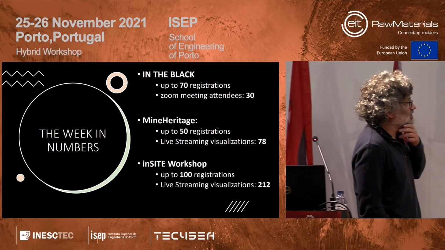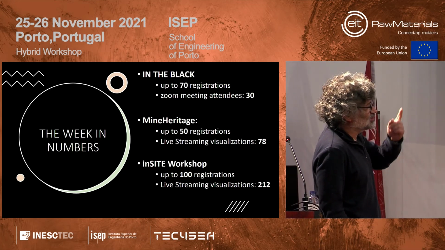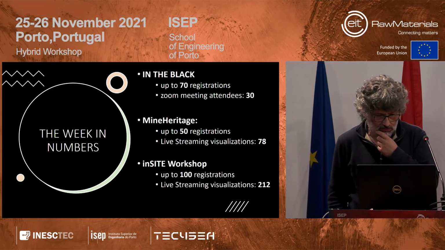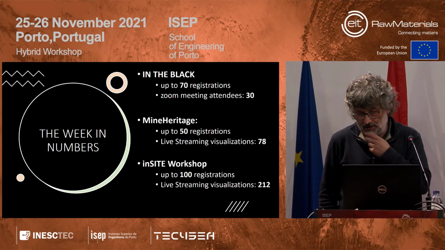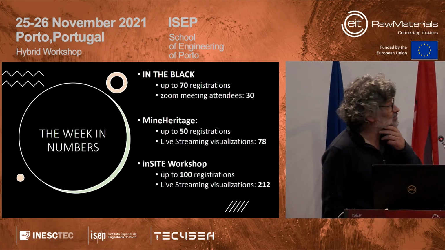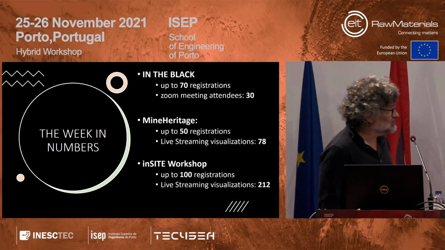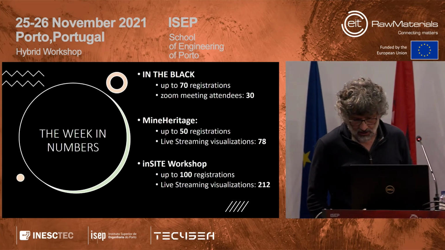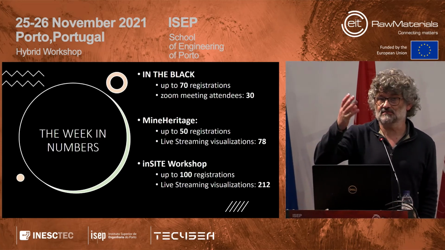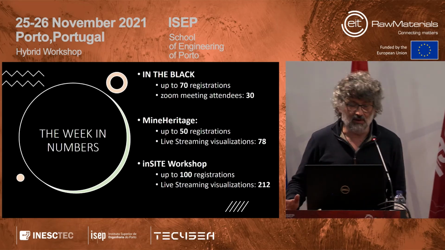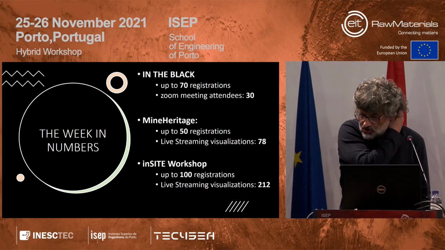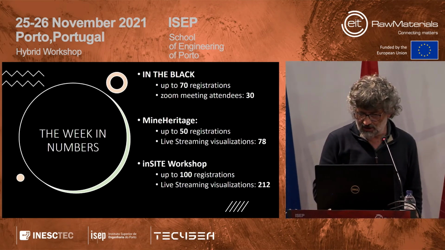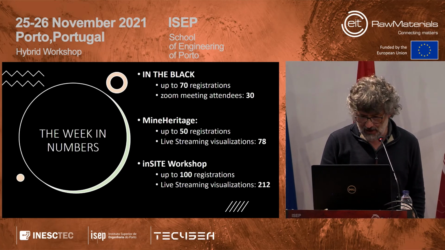And yesterday we reached 212 people connected to the workshop, and this is amazing because the people spread the link, and other people, friends and colleagues, appeared and at least came and saw something. Maybe they don't stay all the time in the workshop, but we have 212 different connections, and we are happy about that.